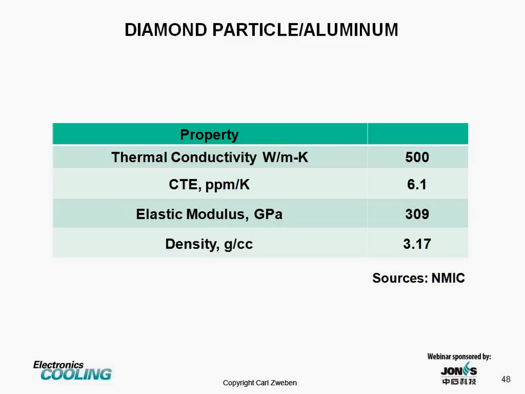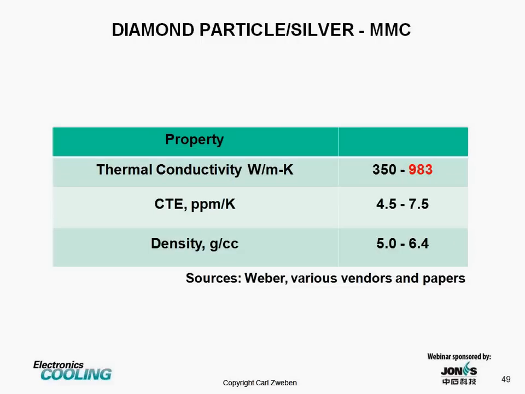Low CTE, much lower than copper, which is 17. Elastic modulus, again, extremely high, more than 20 times that of aluminum. And a density that's slightly higher than that of aluminum, about a third of the density of copper.